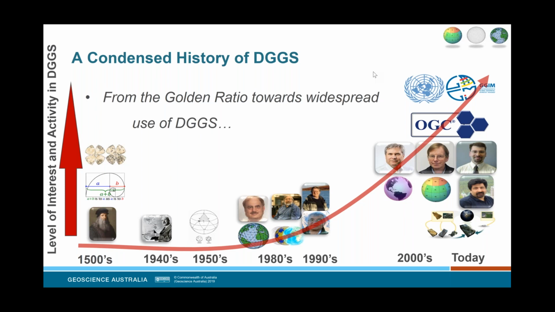And what struck me was there were a lot of people doing a lot of research, a lot of work on this, but they were all doing it very differently. So you were seeing these global grid systems and data cube infrastructures all popping up, all using slightly different approaches, slightly different tessellations. Some were focusing on trying to be equal area.